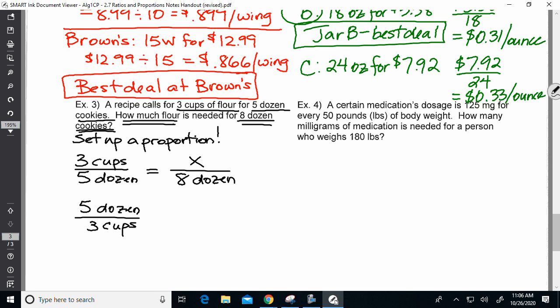If you put cups at the bottom, the x is going on the bottom. Do you have to set it up both ways? No. I'm just showing you both ways so that you can see what we're doing. That will give you the confidence in knowing that if you set it up backwards, you're not doing it wrong. You just have to make sure you're consistent.